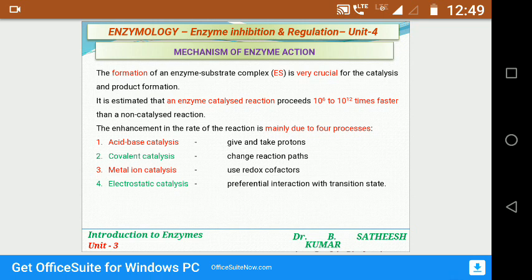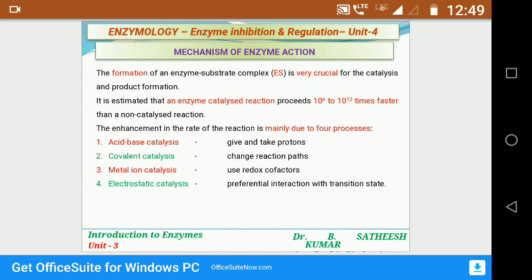They will shield the negative charges on the transition state from the outside environment. Thereby they increase the catalytic velocity, stabilize the transition state and reduce the activation energy required for the formation of the transition state. And the fourth one is electrostatic catalysis.